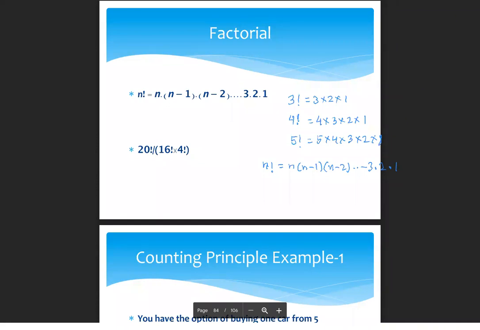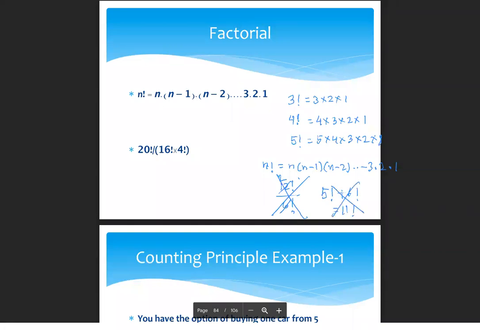Now, as I told you, for factorials, please don't do things like 12 factorial divided by 6 factorial and cancel 6 and 12. It's incorrect, okay? You don't do that. Or you cannot add 5 factorial plus 6 factorial and get 11 factorial.